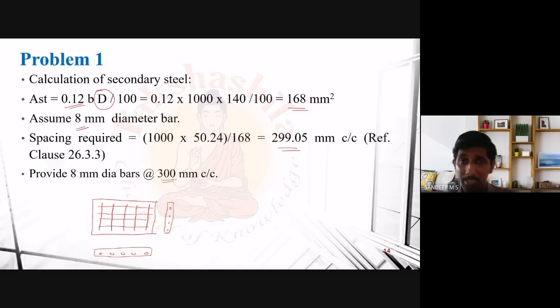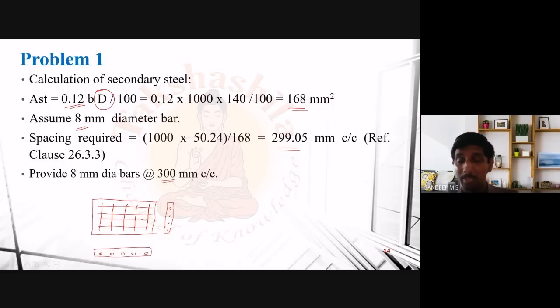That is the only reason I have rounded it up. Please remember, we cannot round it up if there is a much larger difference. Here it was only a 0.95 millimeter difference. So I provide 8 mm diameter bars at 300 millimeters center to center.